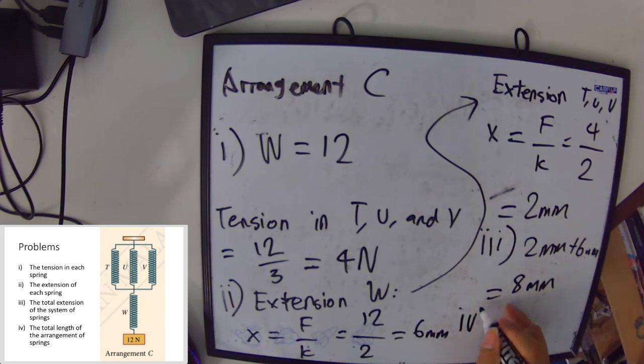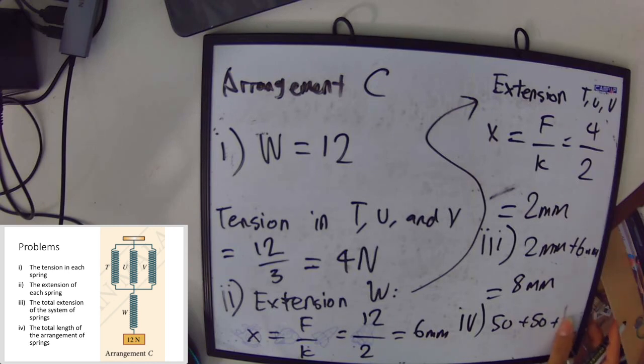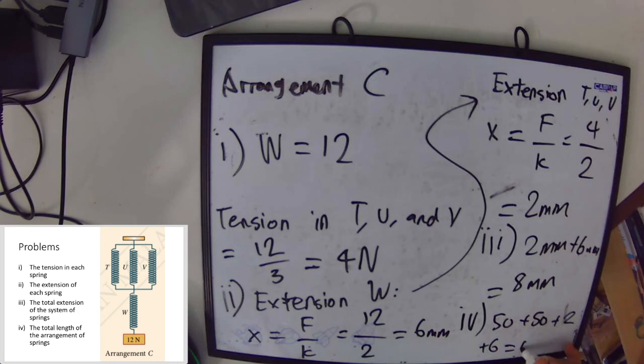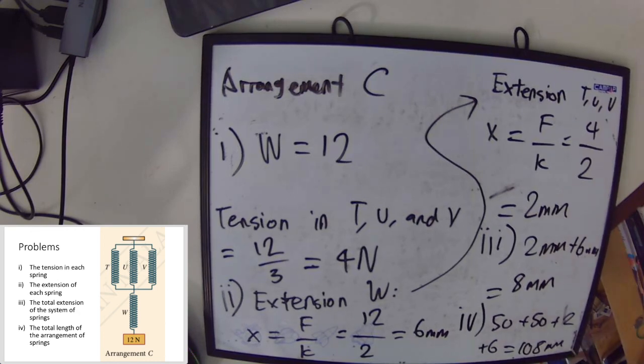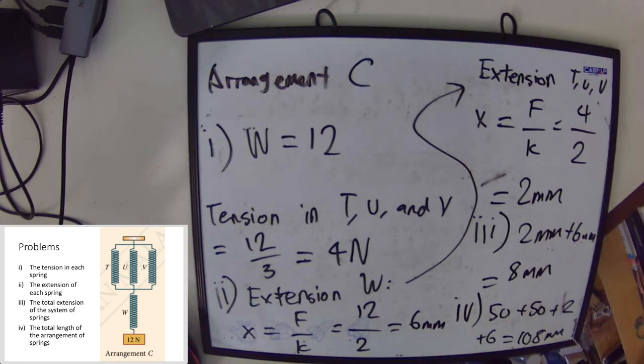And the last question, total length of the arrangement, 50 plus 50 plus 3, plus 2 plus 6 equals 108 millimeters. Alright, and I know that's the correct answer because I checked the textbook and your textbook also shows the correct answer. So, it's not that hard, it's just a matter of kamu kena berhati-hati lah when you calculate each and every one of the springs.